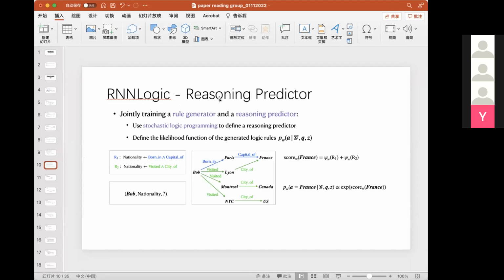We only focus on the reasoning part. And then the idea here is that we are given a set of rules, and then we're trying to associate each rule with confidence score W. And then now our goal here is just trying to learn this W, in order to maximize the probability of the ground truth result to be achieved.